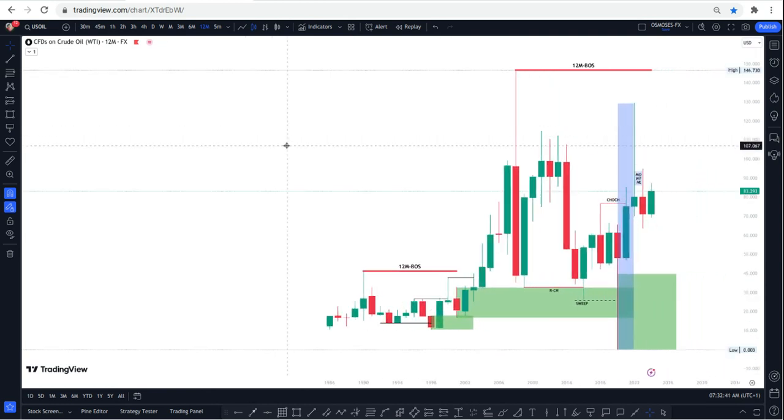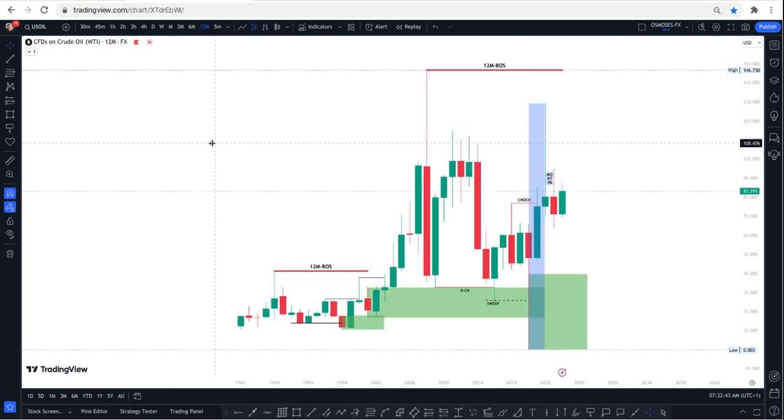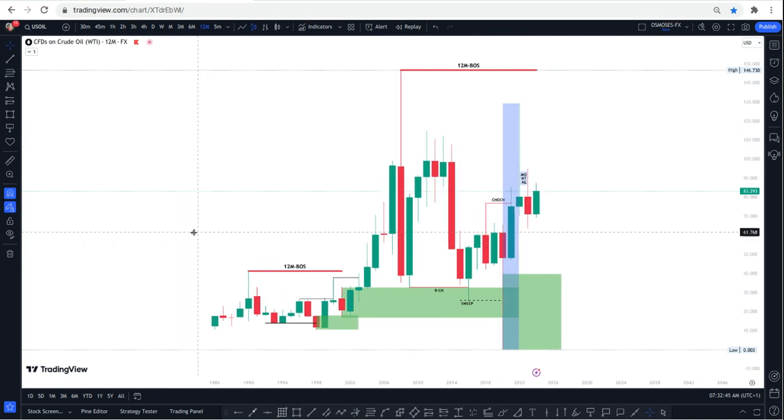Okay, so 12 months we have expectation to break this high. We broke this present moment, so price in demand zone, price swept it out.